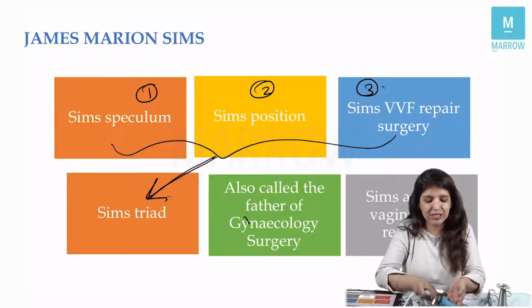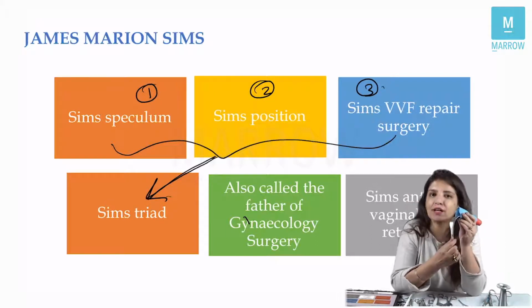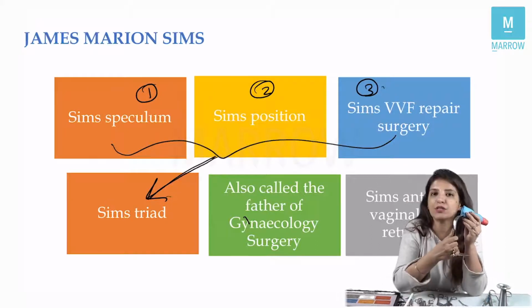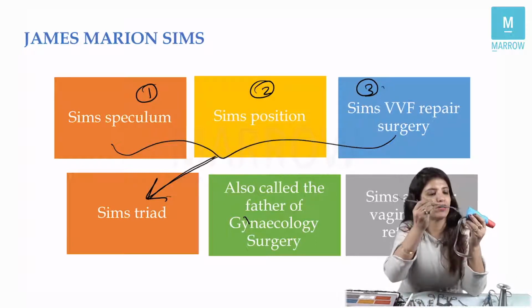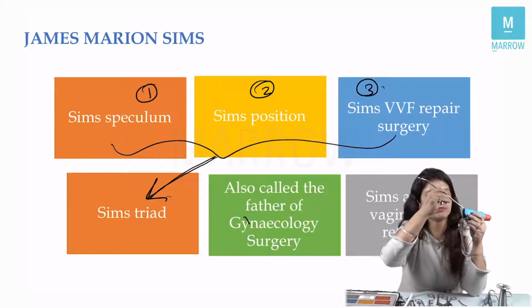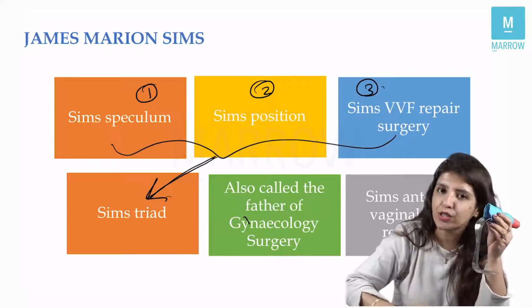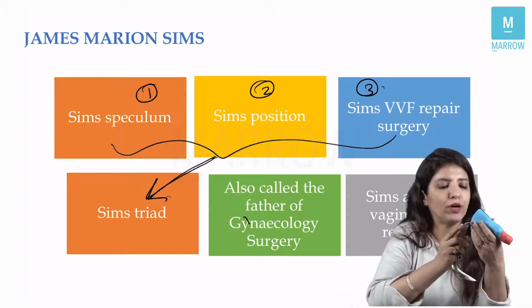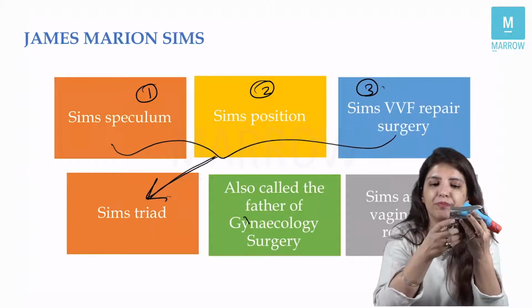Now, the biggest disadvantage of a Sims speculum is that it is non-self-retaining. So, if I am using a Sims speculum and the anterior vaginal wall retractor, I will need assistance, right? This disadvantage can be overcome if I am using this speculum.